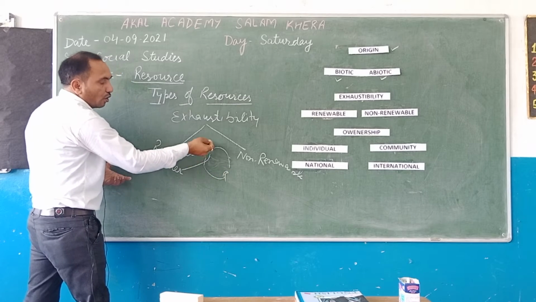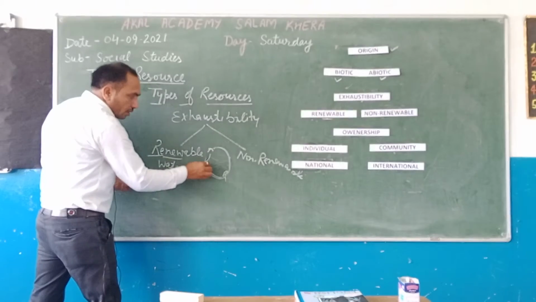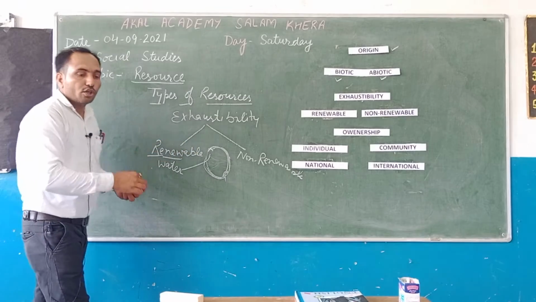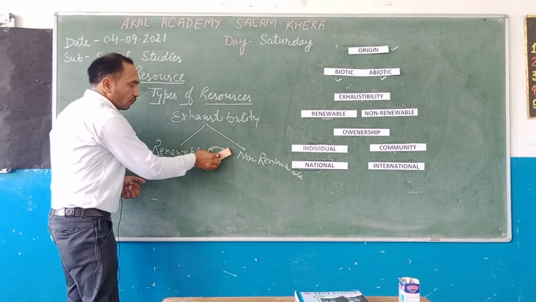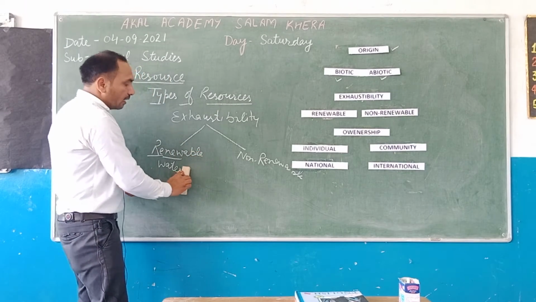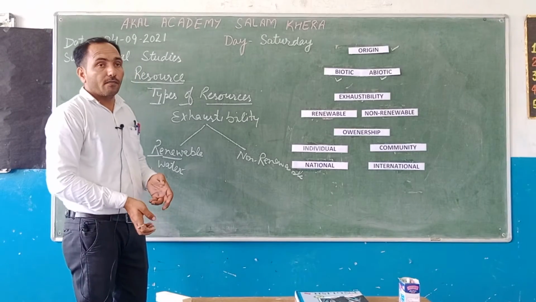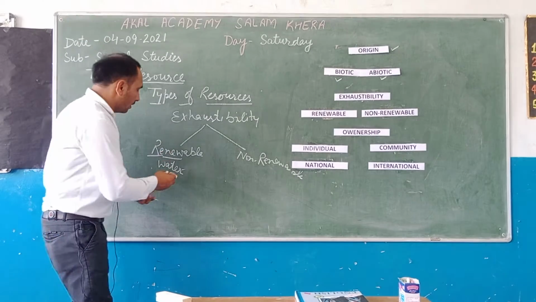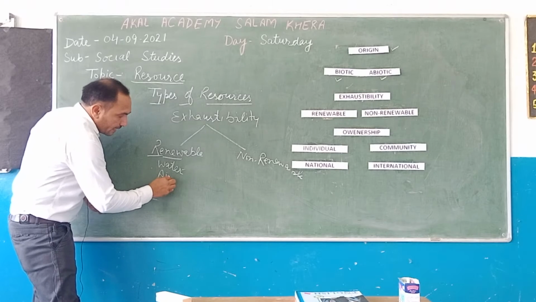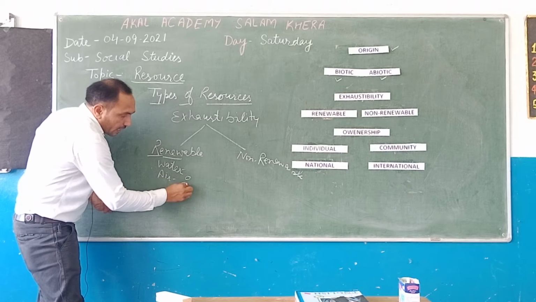Again it gets hot and goes upward. So this is the water cycle. Water always moves in a cycle, which is known as the water cycle. Through the water cycle, water regenerates itself. Take air. In the air, there are two major gases, oxygen and carbon dioxide.